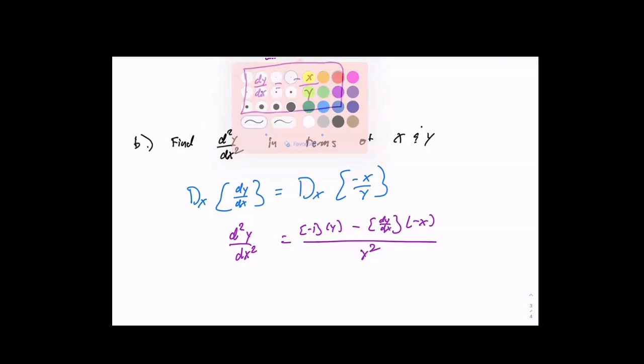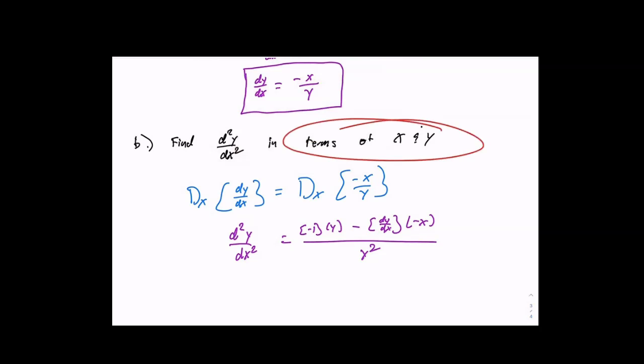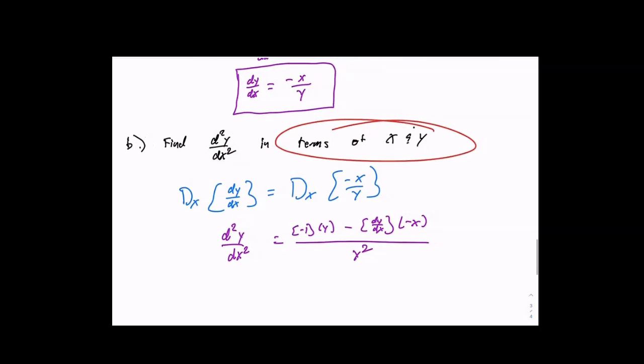So the question says in terms of x and y. Right now, this is in terms of x, y, and dy/dx. We want it in terms of x and y.